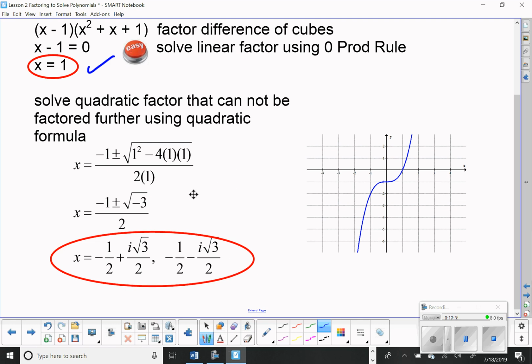I don't care if you write it like this or -1/2 plus or minus i root 3 over 2. Either one is acceptable, okay? But you have your 1, 2, 3 answers.